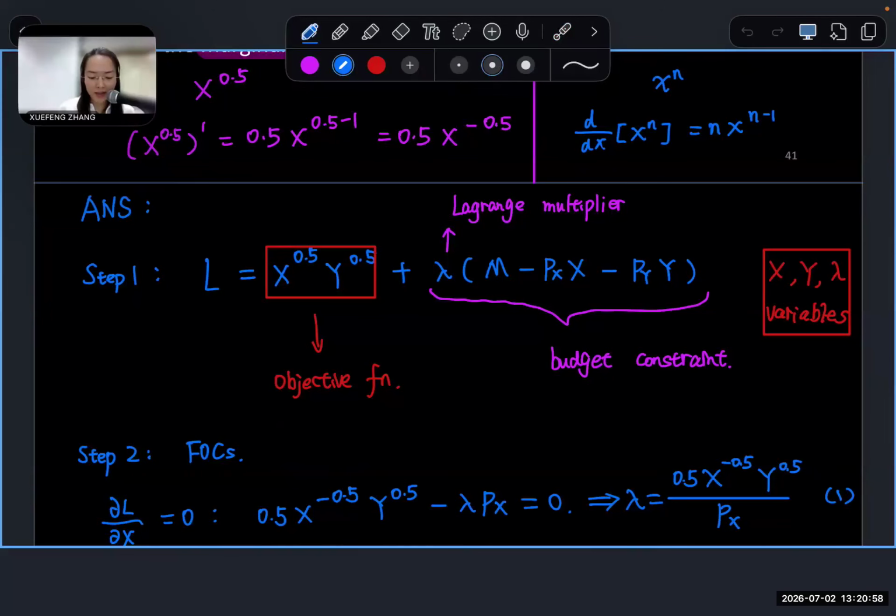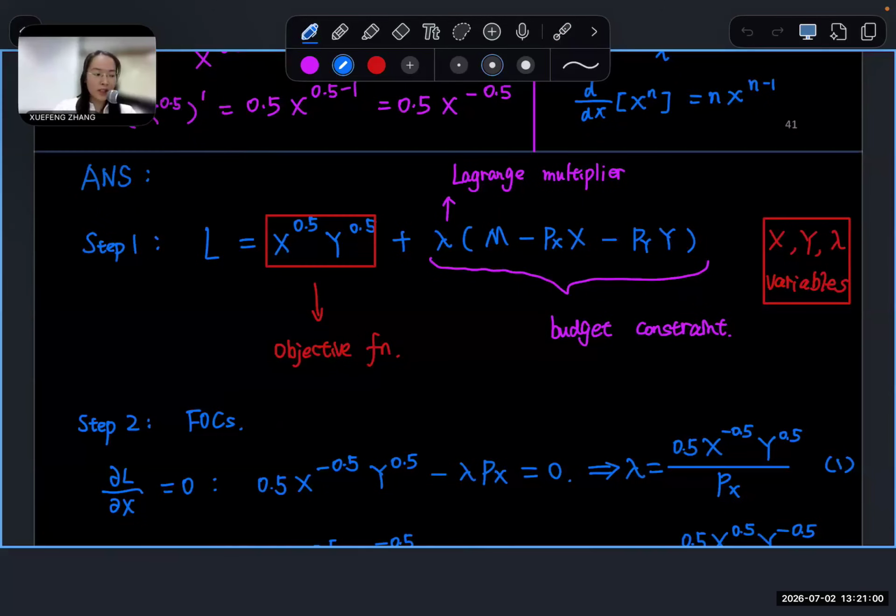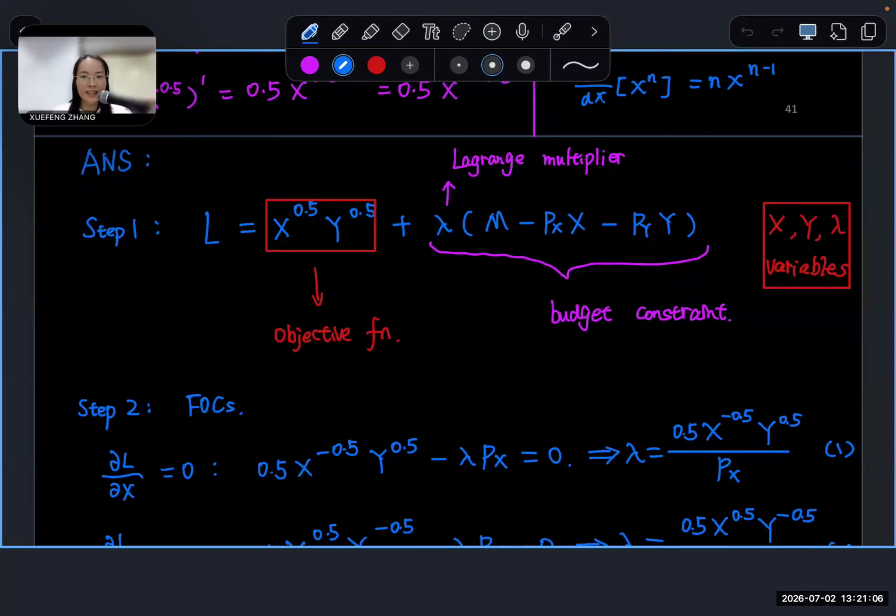Here's the answer. So the first step, we need to write the Lagrangian function, okay? The idea is that we combine the objective function and the constraint into one equation by using lambda.